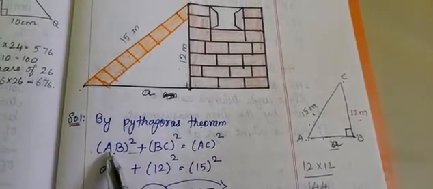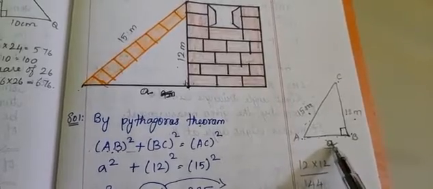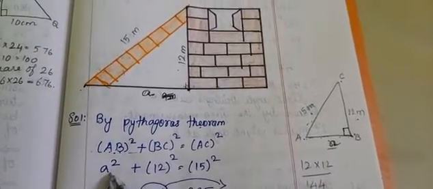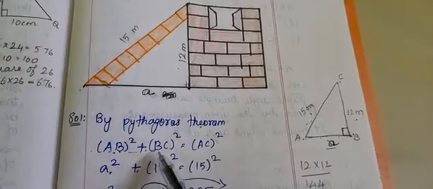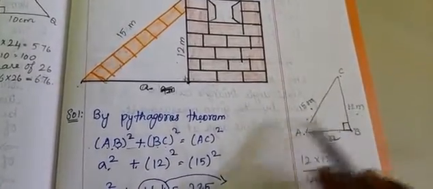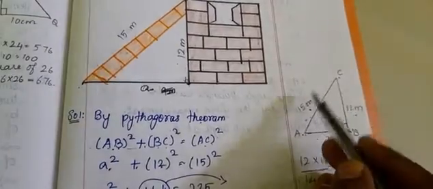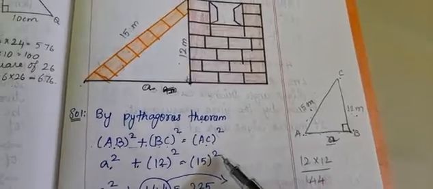First substitute the values now. AB square, what is AB here? AB means A. So write A square plus BC square. BC means 12 square. So 12 square is equal to AC square. AC means 15 square.